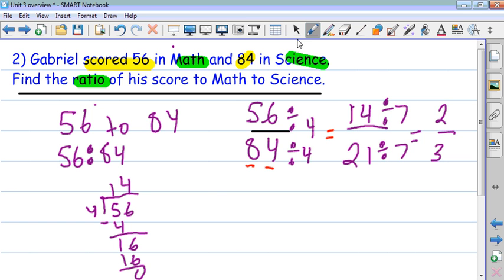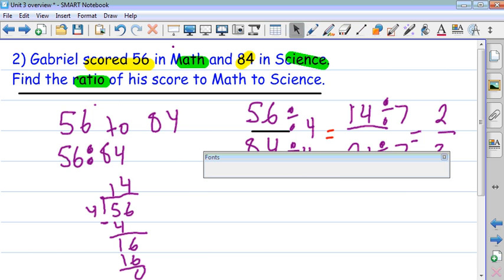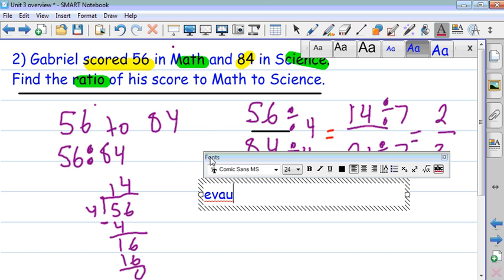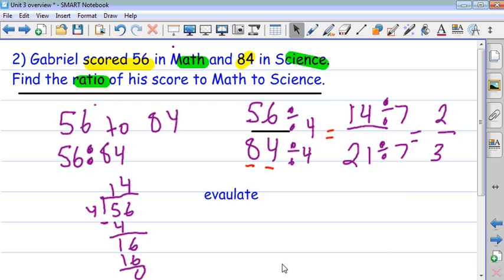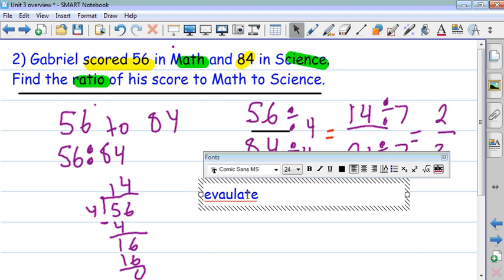Now, here's what we're going to write for evaluate. The way that we read this, on top, the top scores are the math scores, and the bottom scores are his science scores. So for my evaluate, I can write this down. Evaluate.